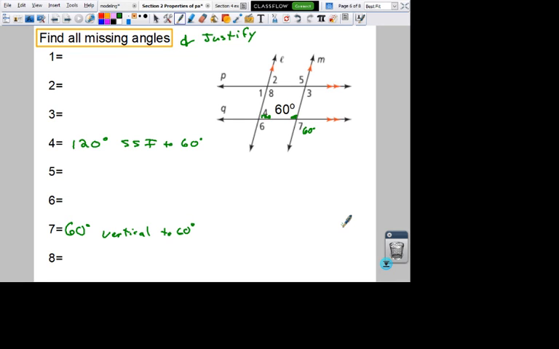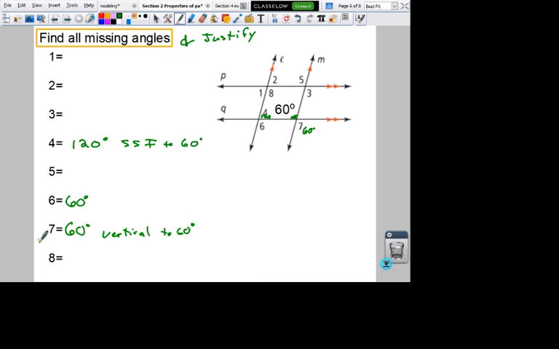So, Chloe, are you still working on this one? Yeah. Alright, give me one you know. Angle 6. Okay, what's it equal? Okay, how do you know? I honestly don't know. Alright, well what do you know about angle 6 and angle 7?